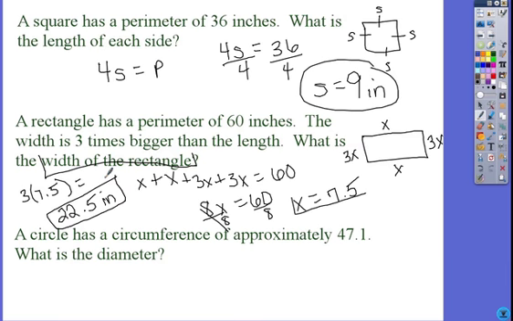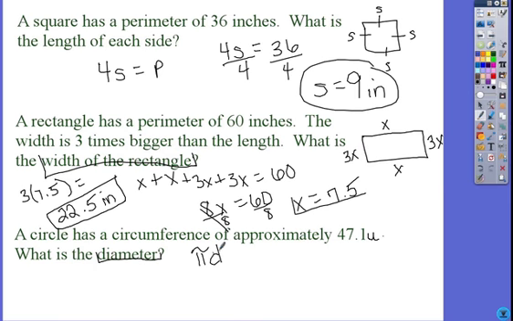The next problem says we have a circle with a circumference of approximately 47.1, let's just call this units. What is the diameter? Okay, so remember with circumference we have two options. We have 2 pi r or we have pi times d. Since the problem is asking me for diameter, I'm going to use the pi d formula.